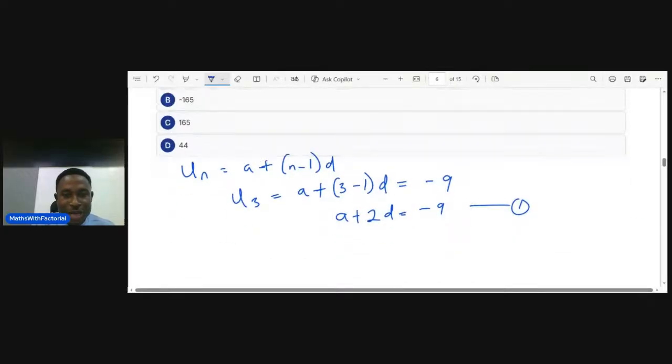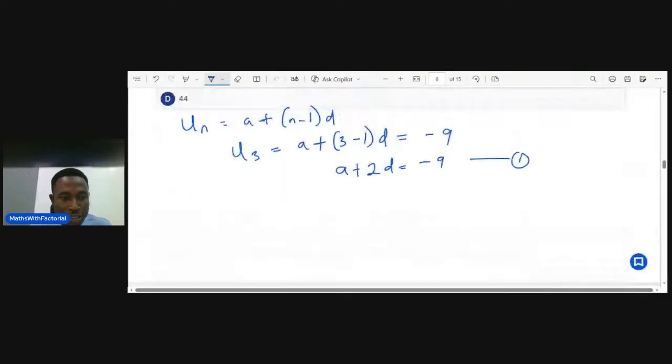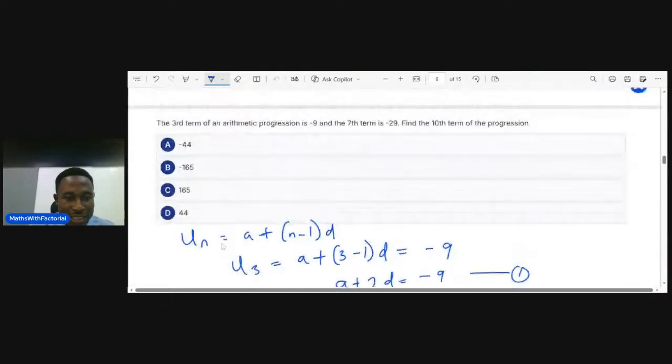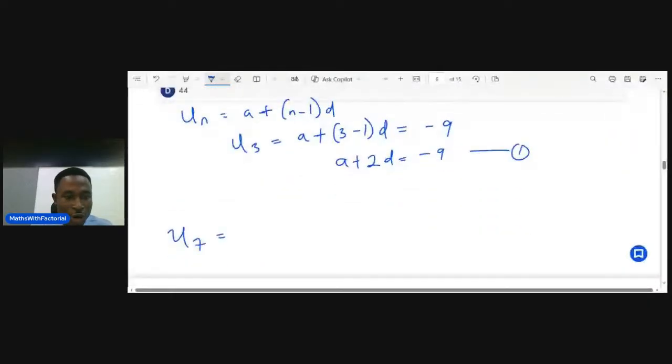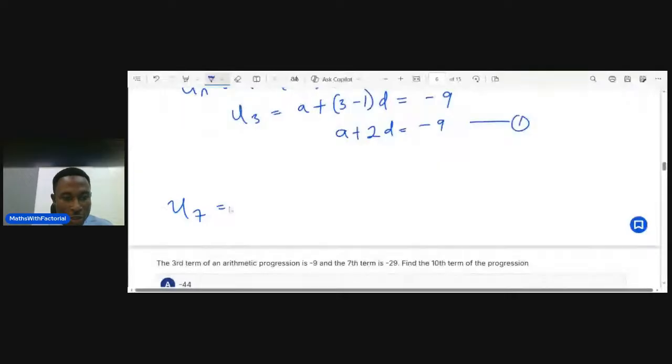All right? So let me do this. U7 equals minus 29. And what does this mean? A plus n minus 1 D. In this case, our n is 7. Don't forget, 7 minus 1 D equals minus 29.